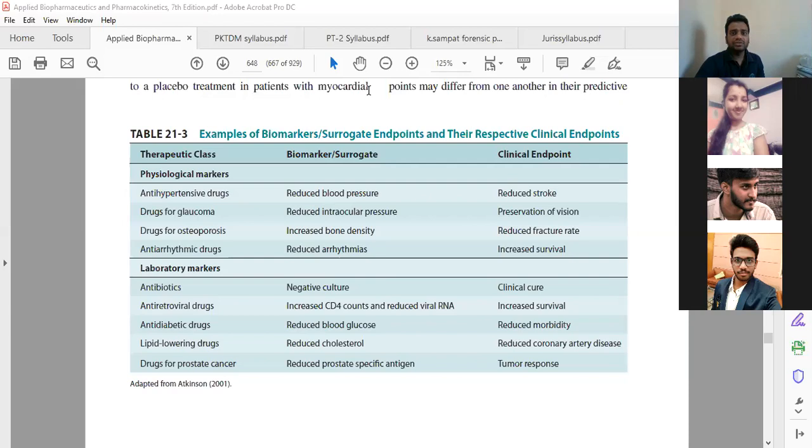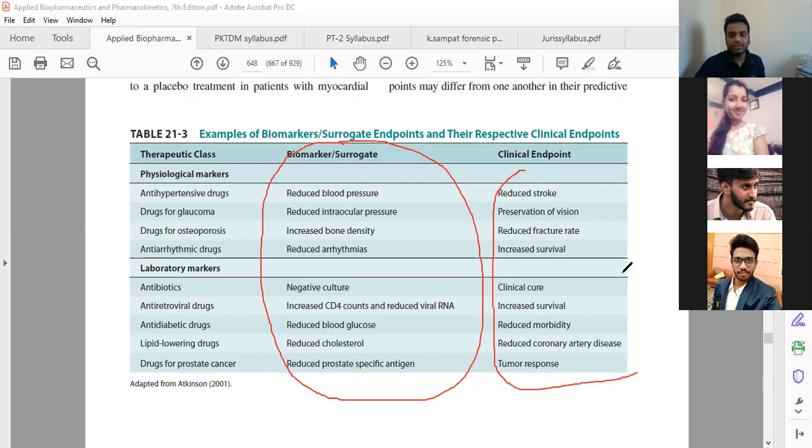Yes. So what I want you to understand is this is the middleman. And of course, this is the outcome that you want to see. So these are clinical endpoints, you are seeing them clinically.